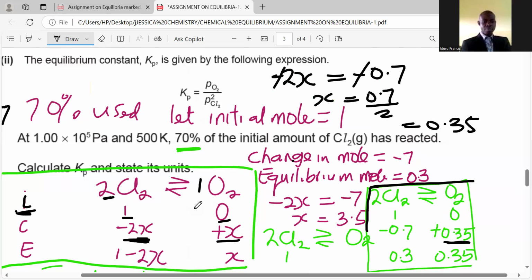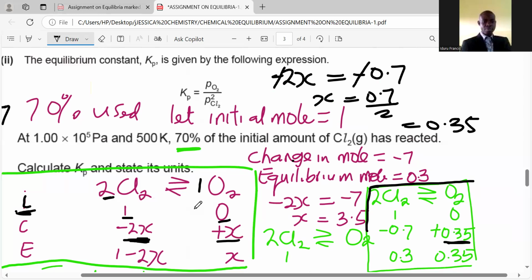Therefore, the change for oxygen, which is x, will be plus 0.35. You cannot say 0.7 for both; it is based on the mole ratio of the reactant and product. There are 2 mole of the reactant and 1 mole of the product.